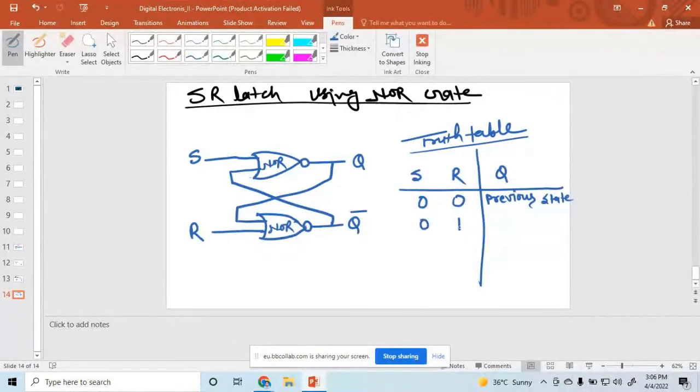When 0, 1, the output is 0. When 1, 0, the output is 1. And when both are 1, 1, that condition is called invalid state. So this is the truth table of the SR latch designed using a NOR gate.